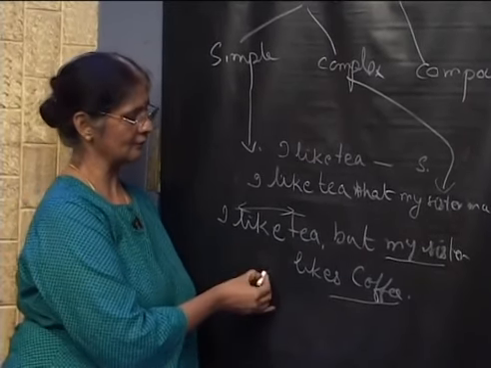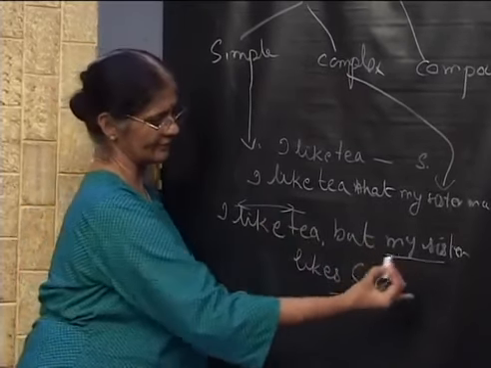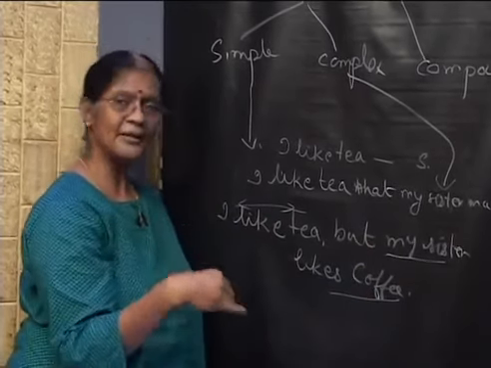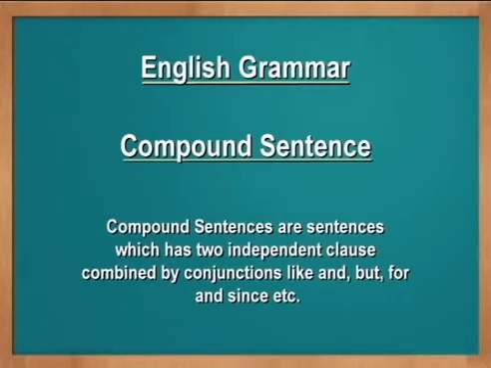So here we have two independent clauses, "I like tea" and "my sister likes coffee", combined by "but". So compound sentences are sentences which have two independent clauses combined by conjunctions like and, or, but, for, since, etc.